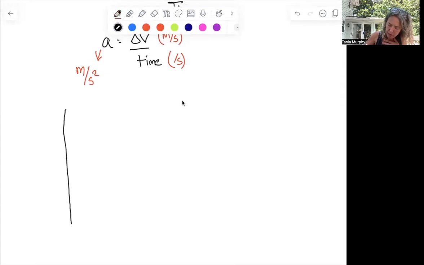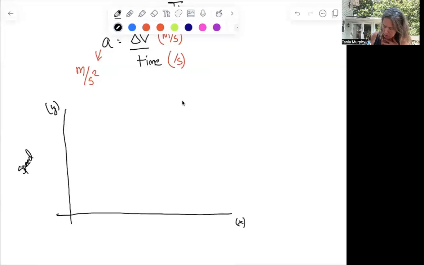So here's the quick rundown. On the y-axis, we will have speed. On the x-axis, we will have time. We'll put a 0 speed, 0 time. This will be in seconds. This will be in meters per second. All right, let's put some lines on this graph.